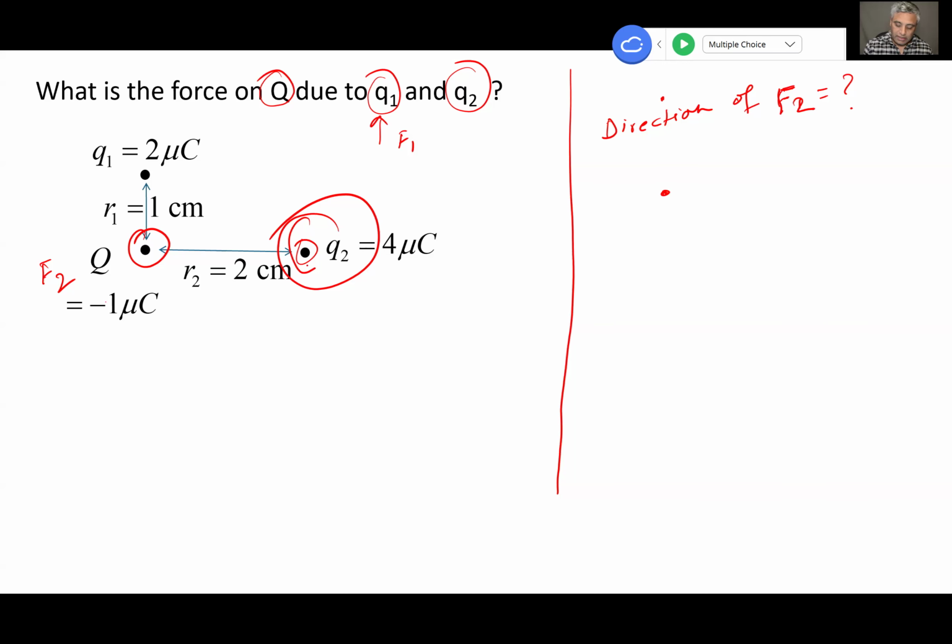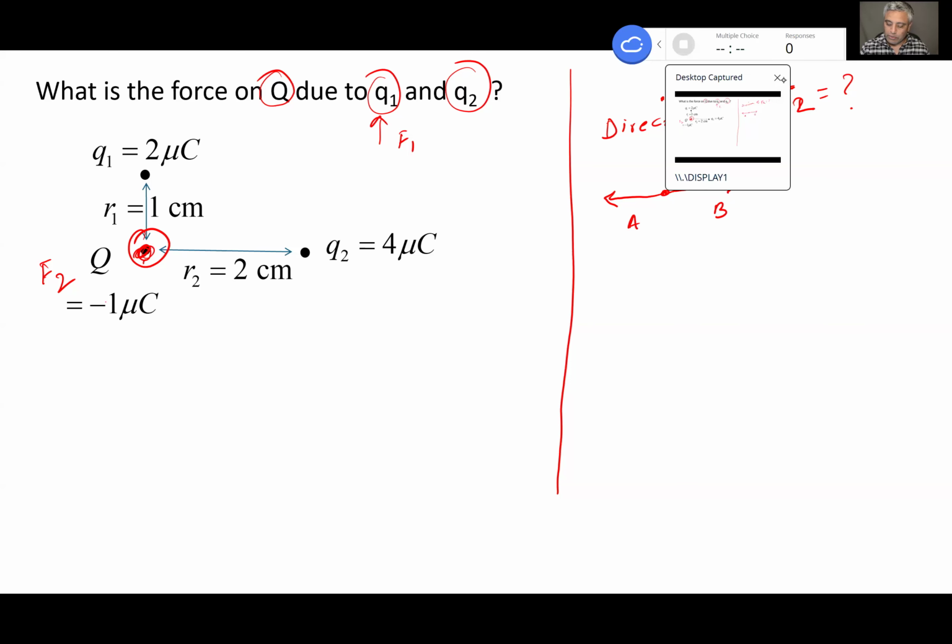Okay. So this is the force on Q due to Q2. So is this away or towards Q2? Okay. So let's say this is A, this is B. So what is the answer?